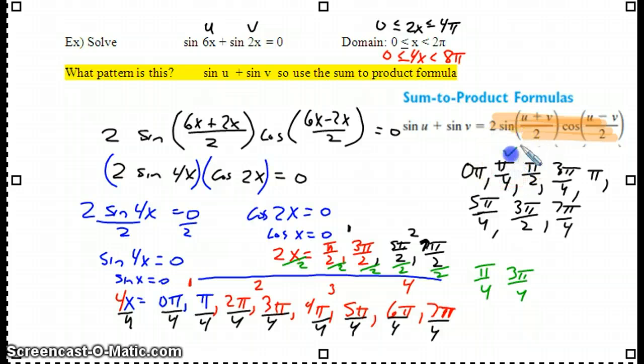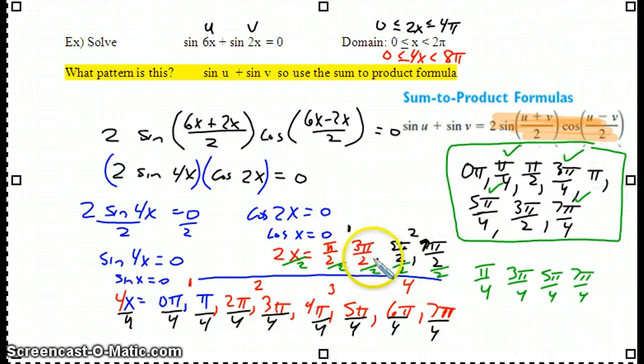Again, that's already listed. Then this would be 5 pi over 4, which is listed, and this would be 7 pi over 4, which is listed. So really I can just use these as all my answers. But I'd want to check to make sure I didn't have anything else that wasn't repeated that I'd have to add to the list.